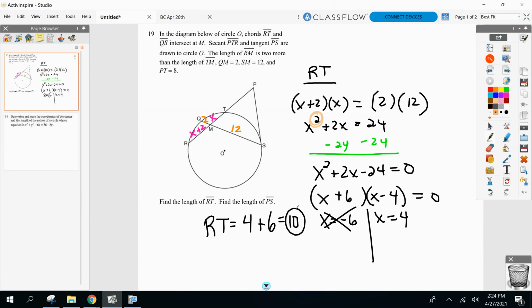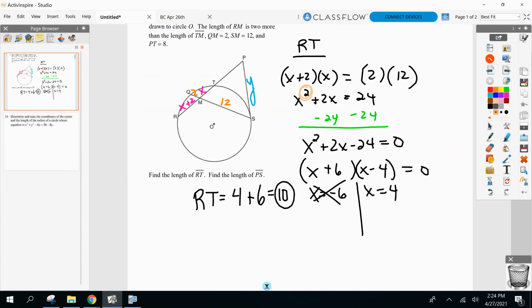And then we have to find PS, which is a tangent. I'm just going to label it y because I already used x. So now how do I find a tangent length? Whole times external equals whole times external. So let's take care of the tangent, which is whole times external, y times itself.